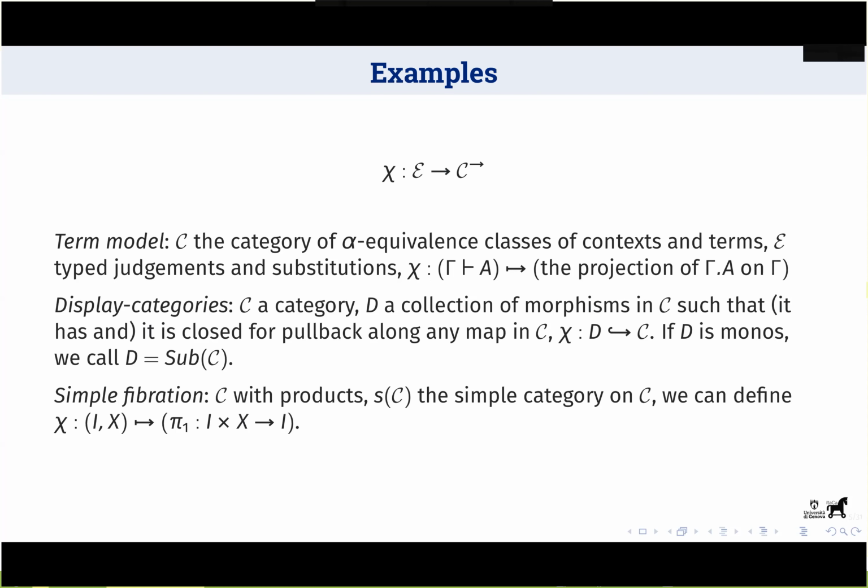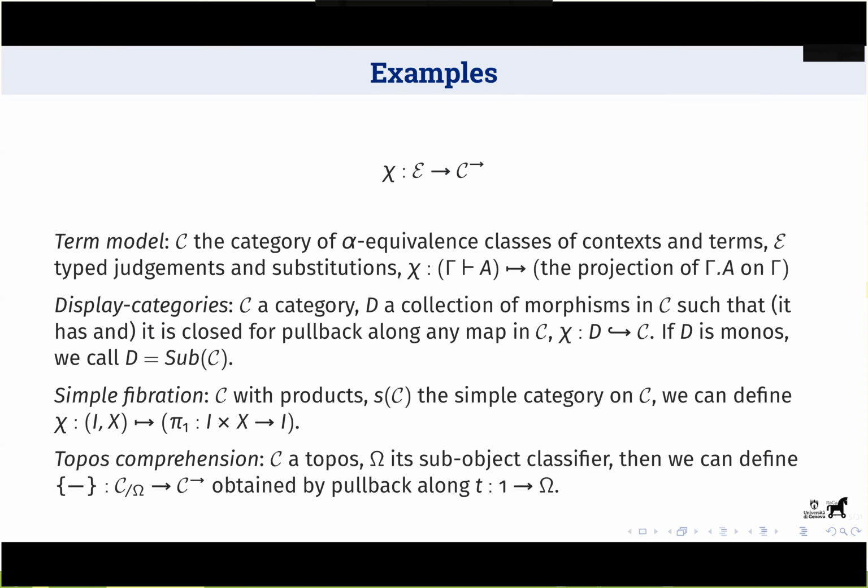Another, maybe less informative, example is that of simple fibration. If we have a category with products and we compute the simple category on C, then we can define context extension as the one that produces the simple projection. Again, this is the least informative context extension, but still it's an example of a comprehension category.